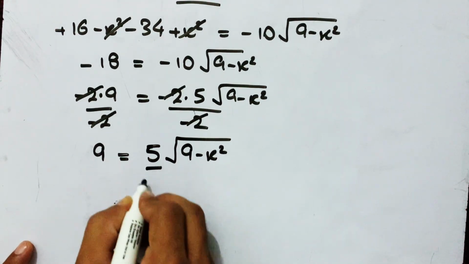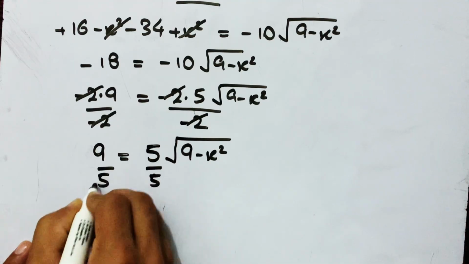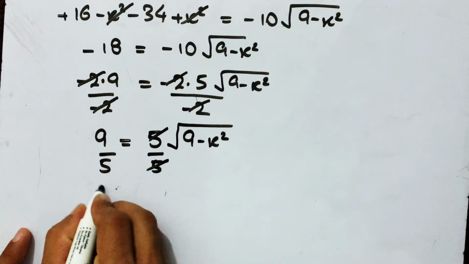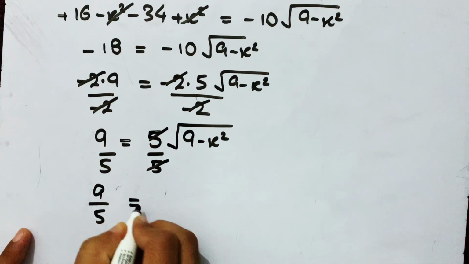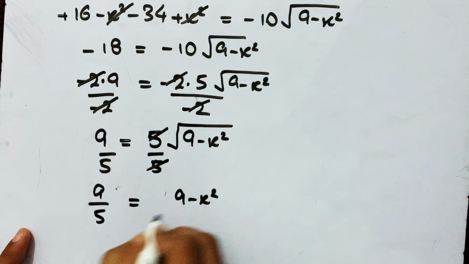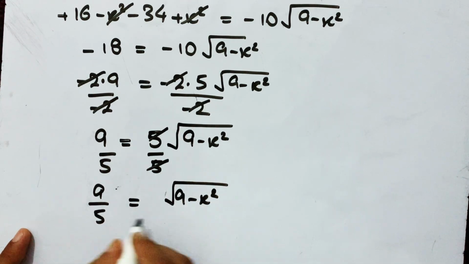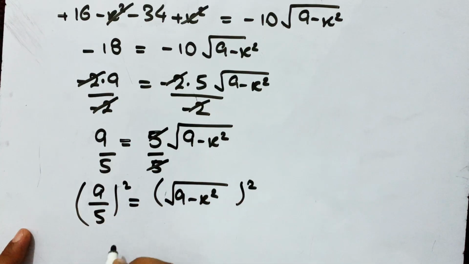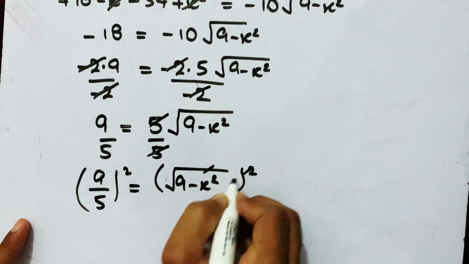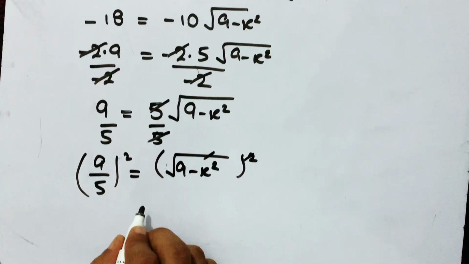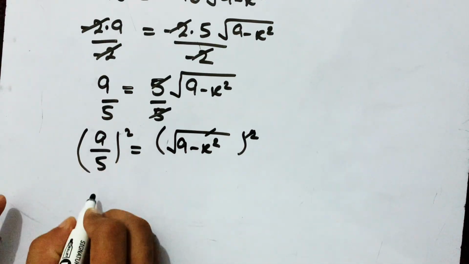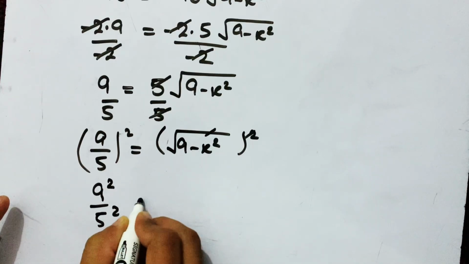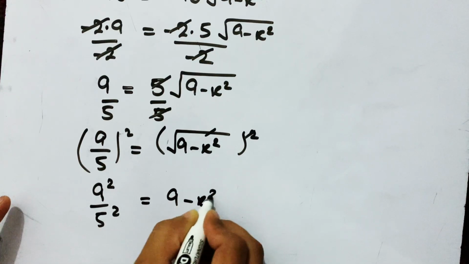So I divide both sides by 5, and 5 and 5 cancel out. So the equation is 9 divided by 5 is equal to the square root of 9 minus x square. Squaring both sides again, the square root and square cancel out. So the equation is 9 square divided by 5 square is equal to 9 minus x square.